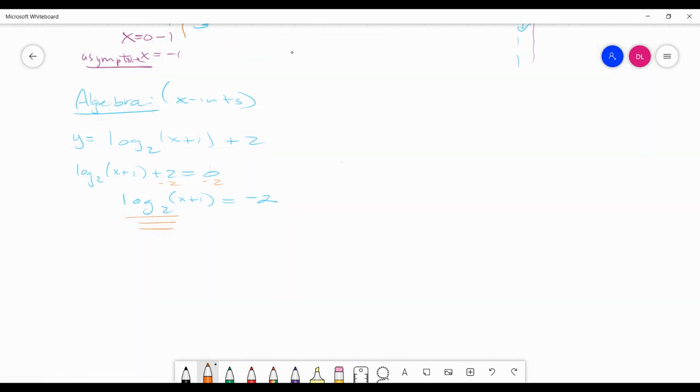How do I get rid of log base 2? I make it an exponent. I do its inverse to both sides. So the log base 2 and 2 cancel and simplify out, and I'm left with x plus 1 equals 2 to the negative 2 power.